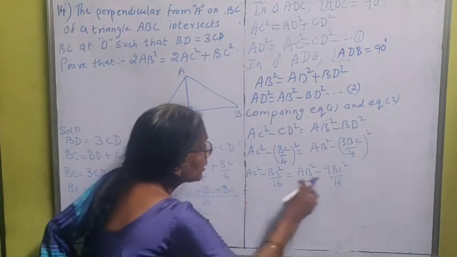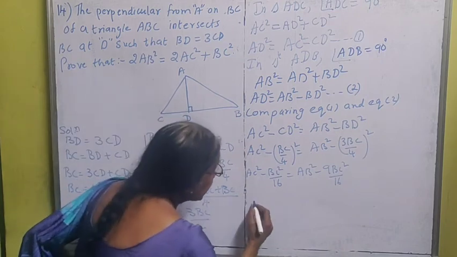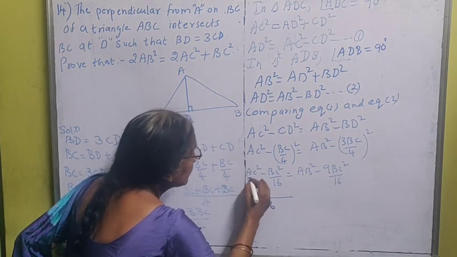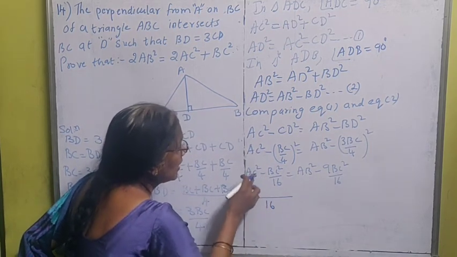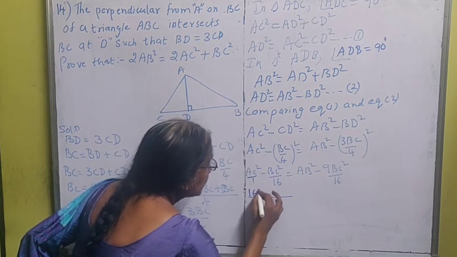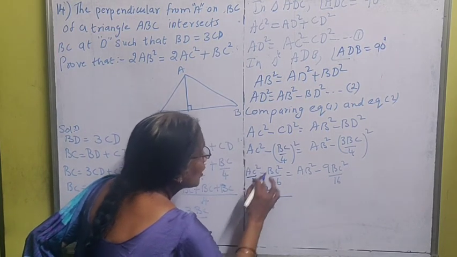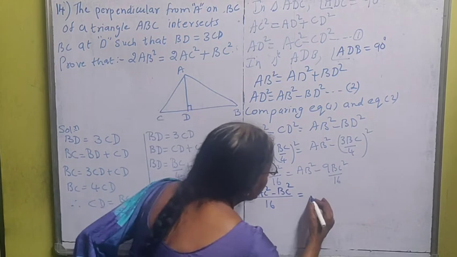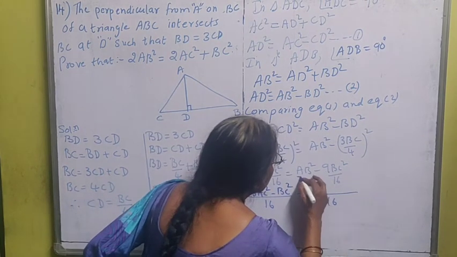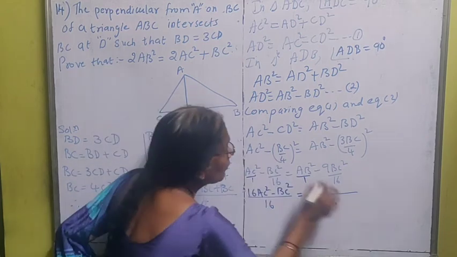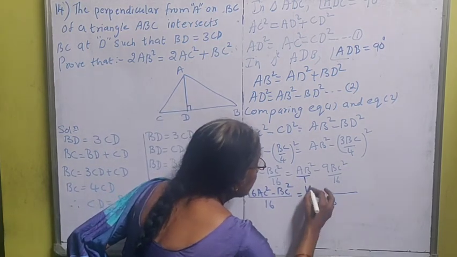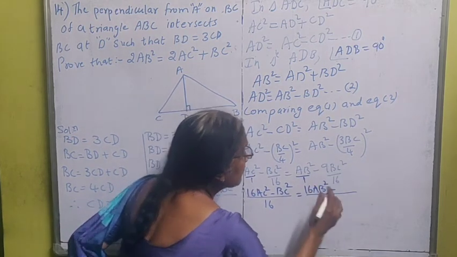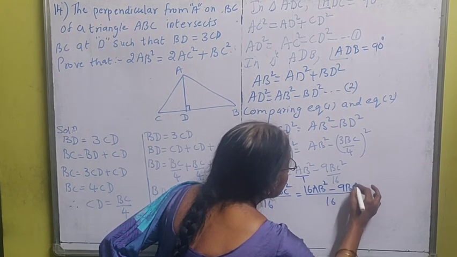Here we have to take 16 as the LCM. Below AC square nothing is there, means 1, so we cross multiply. 16 AC square minus BC square is equal to, same thing over here, 16 AB square minus 9BC square.